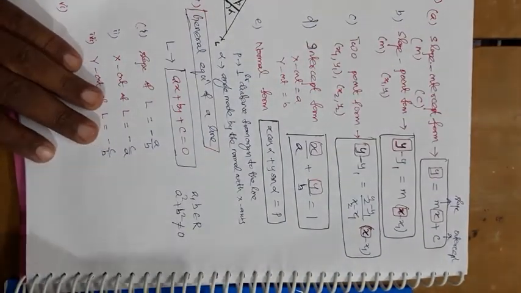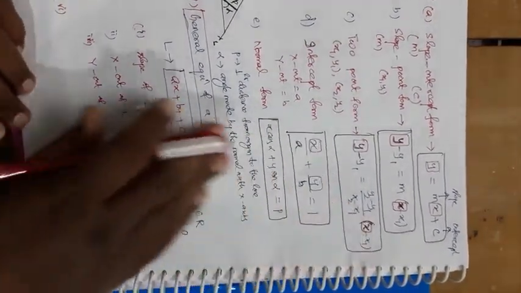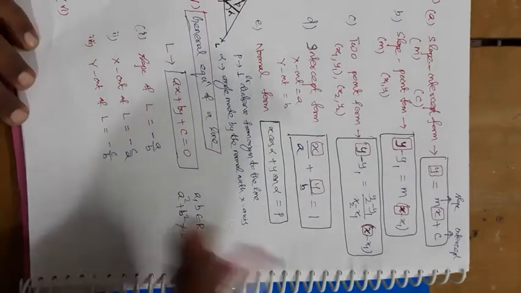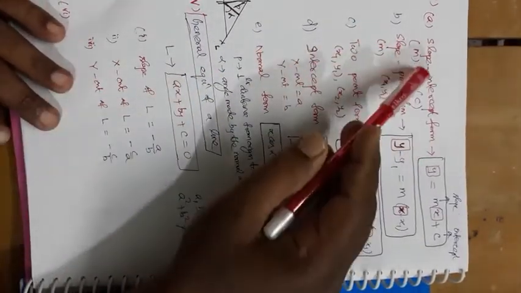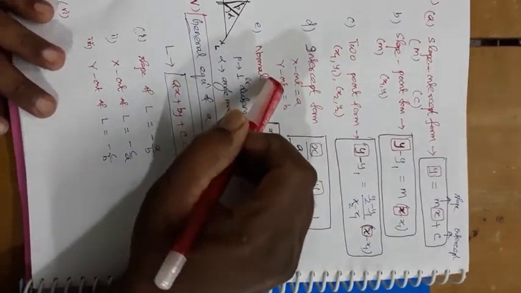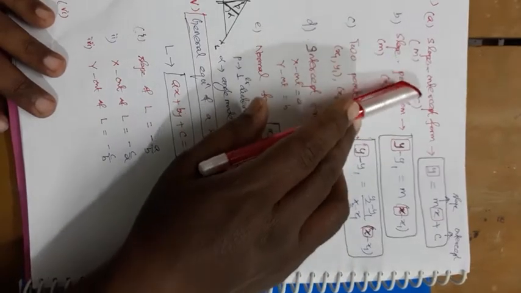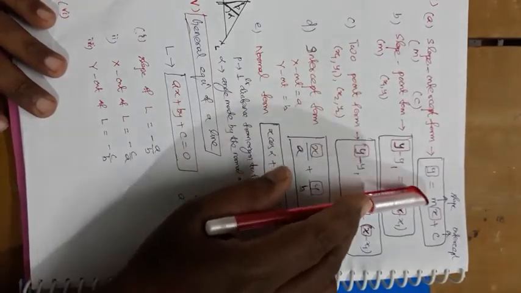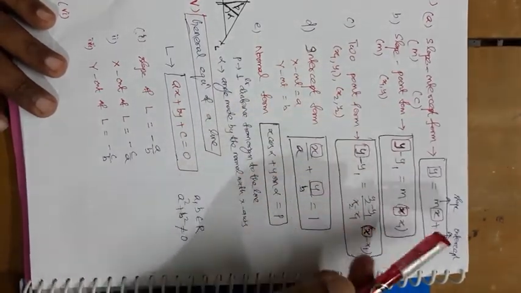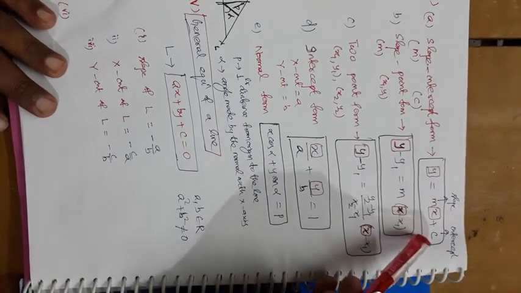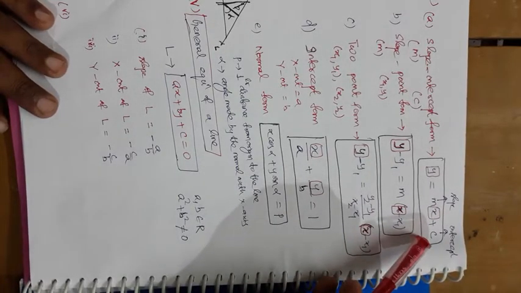Now look at the next point, which you already know from your class 11. If you know, then you can skip. Now we know there are 5 forms of a straight line. First, slope intercept form: y is equal to mx plus c. Here m is slope, and c is the y-intercept.